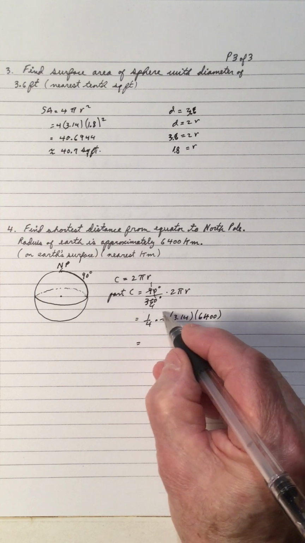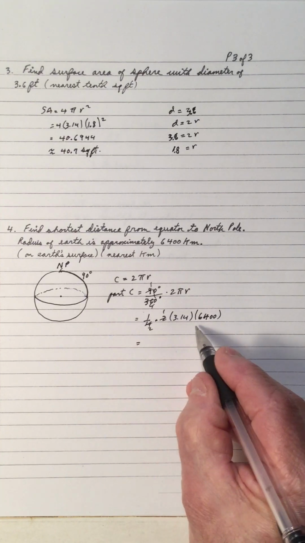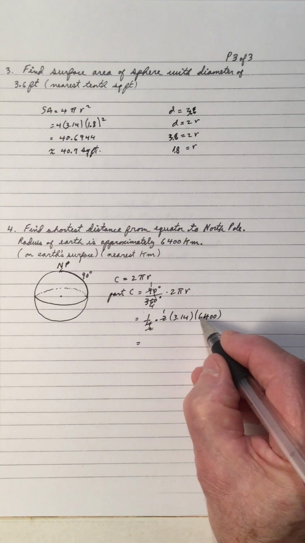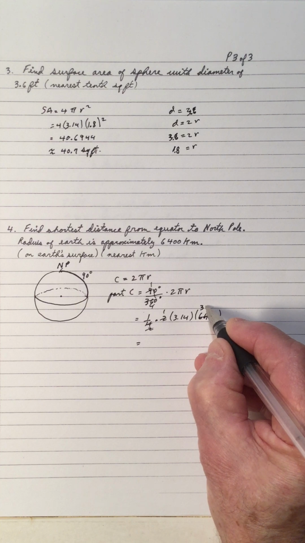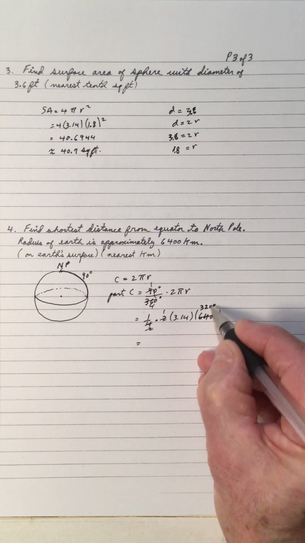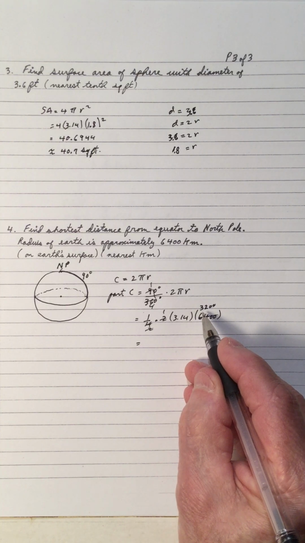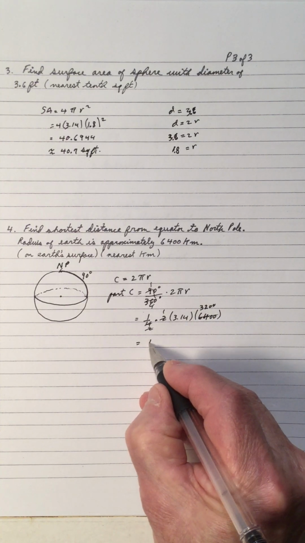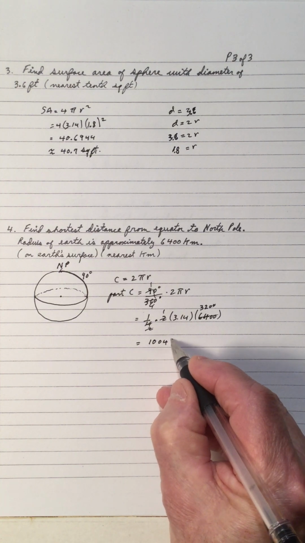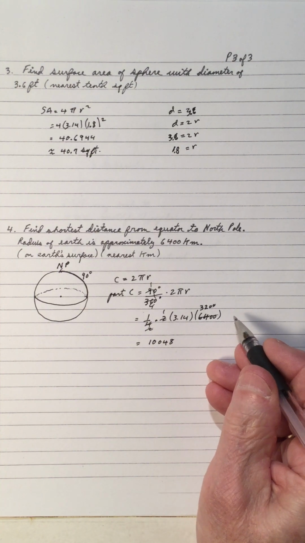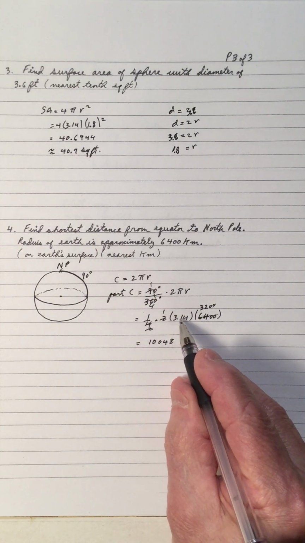So 2 into 4 goes 2, and we can divide here: 2 into 6400 is 3200. So we have 3.14 times 3200, and that gives us 10,048. And that's automatically based on 3.14.